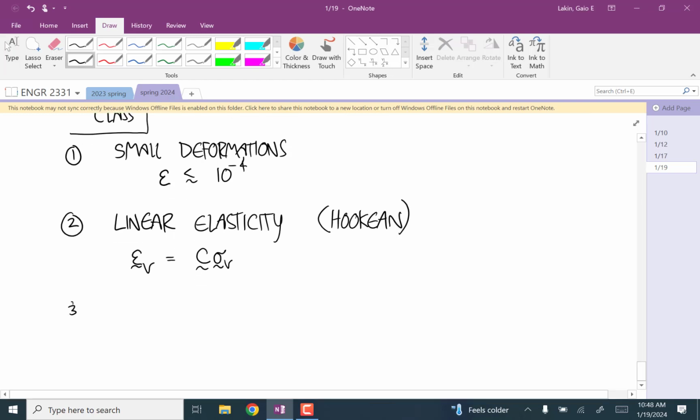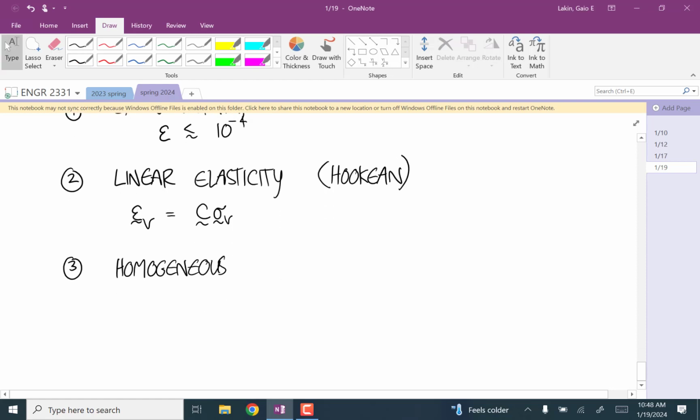The third one is homogeneous. Homogeneous means that the material is the same at any 2 points. So you don't have pockets of this and pockets of this in it. It's all mixed.